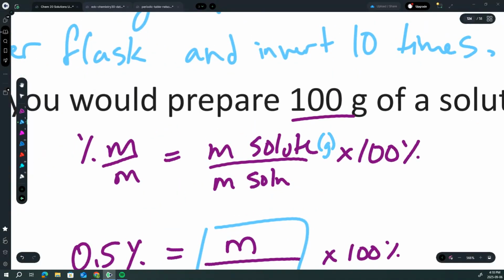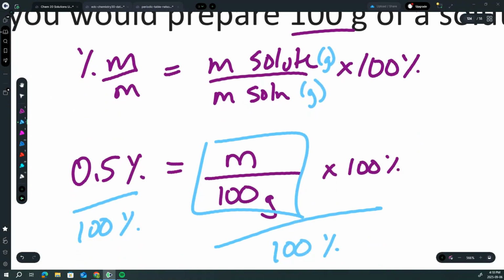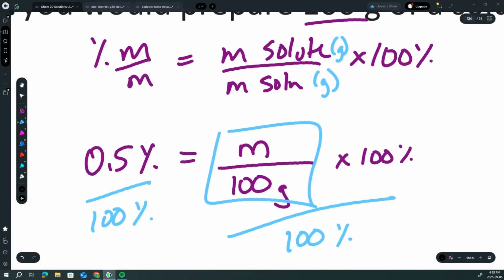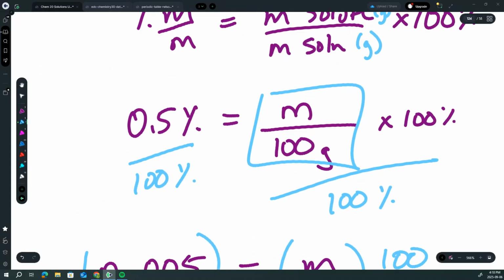as a reminder, for percent mass by mass, in order for this formula to work out, the units in the top have to be the exact same as the units in the bottom. So when I rearranged all of this, when I took 0.5% and divided by 100%, the percentages canceled out.